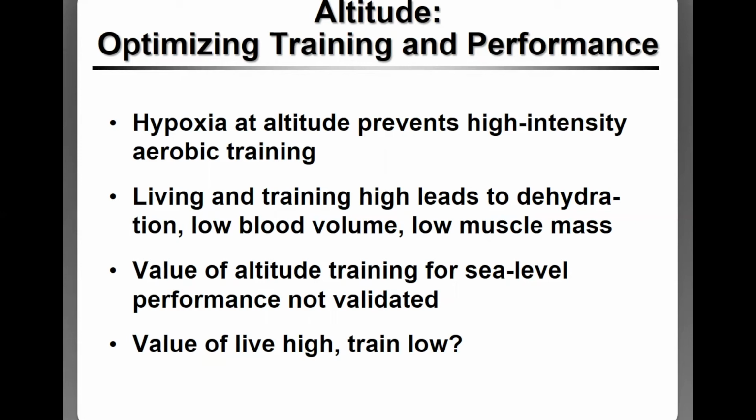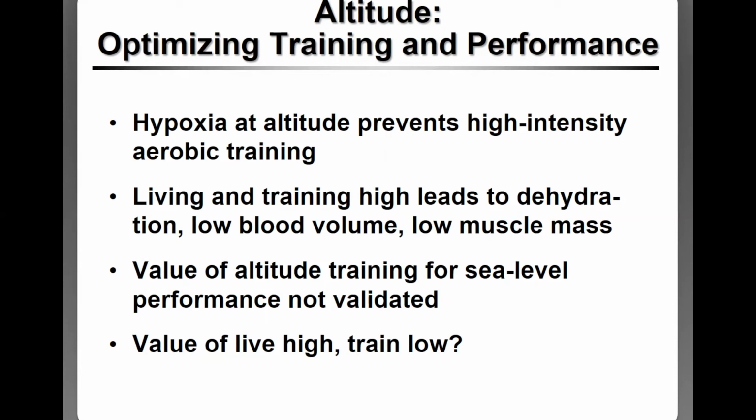Somebody's doing construction. Okay, so at altitude, there is hypoxia, hypoxic conditions, and this prevents high intensity aerobic training. So when you train at altitude, your ability to perform at the highest maximal capacity is hindered, and this will have a detraining effect on your athletes.